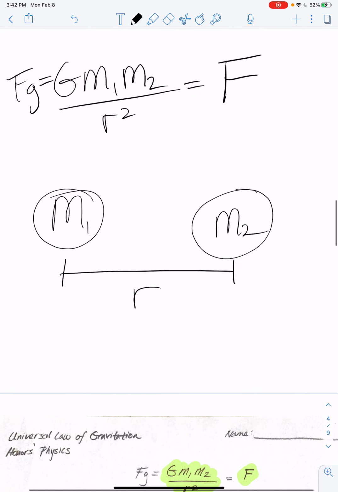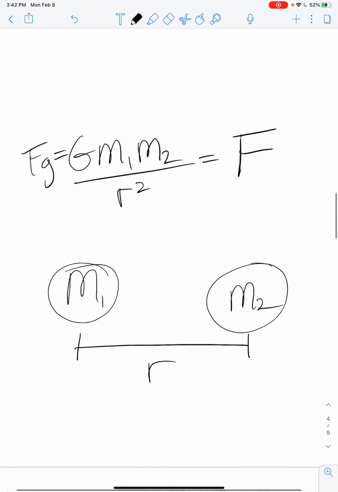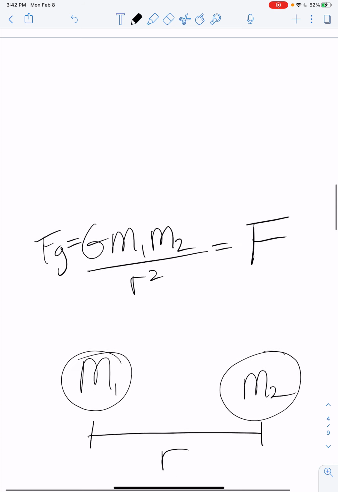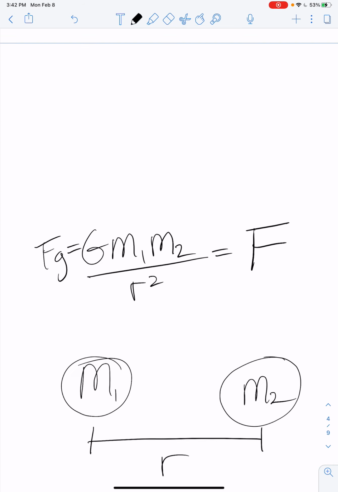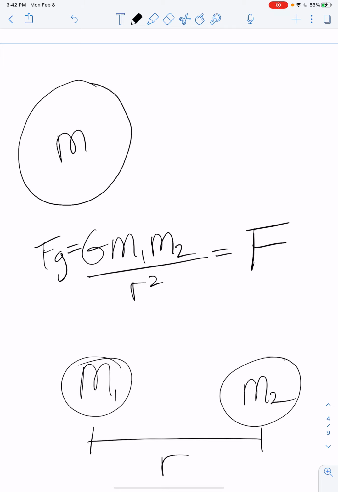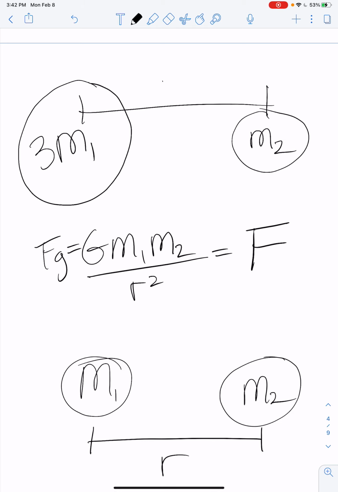If I triple one of these objects, maybe mass 1, so this is M1 but tripled, I'll call it 3 M1, 3 times M1. Then I have mass 2 just sitting here. The distance center to center is still R.